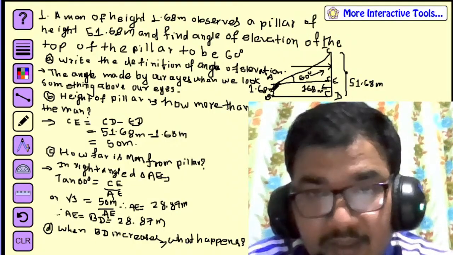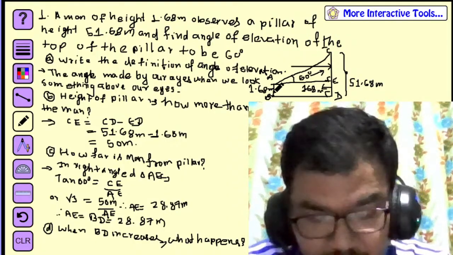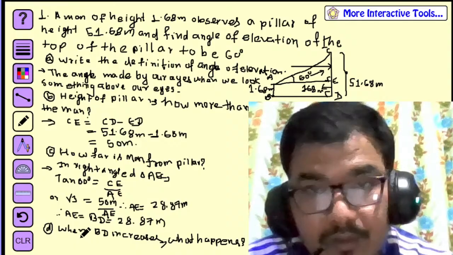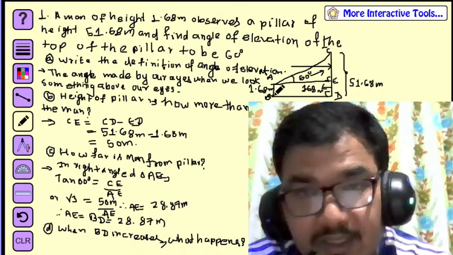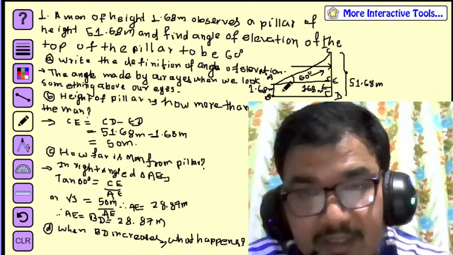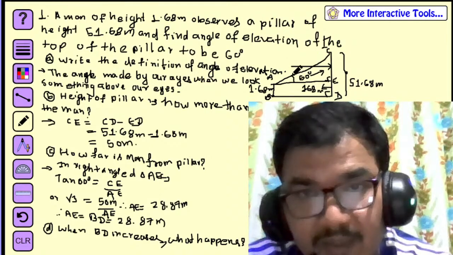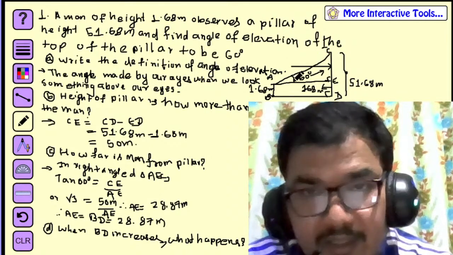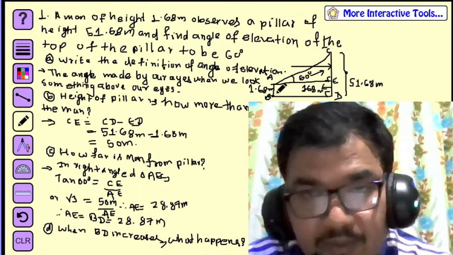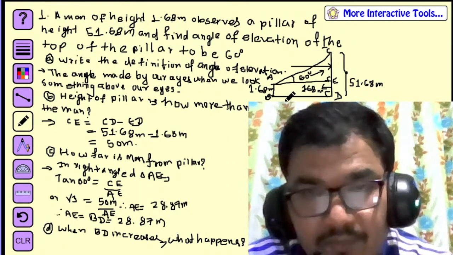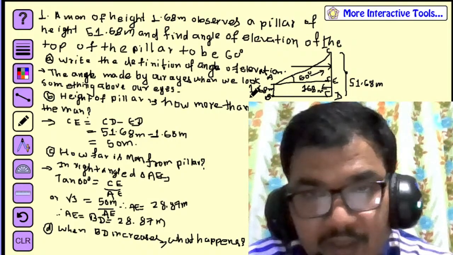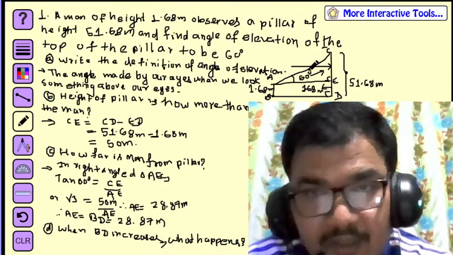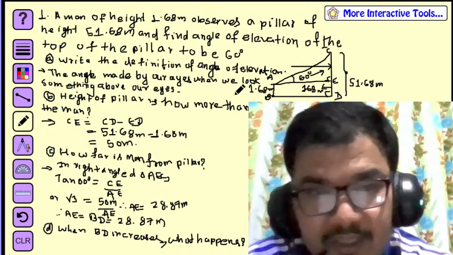Look, when this distance decreases, the angle of elevation will increase. And if you keep the distance a bit far, then the angle of elevation will decrease.